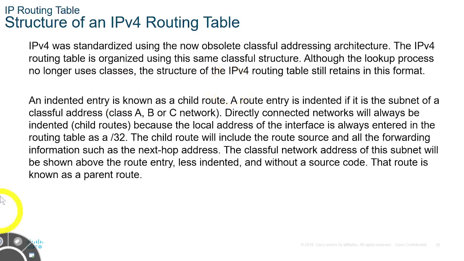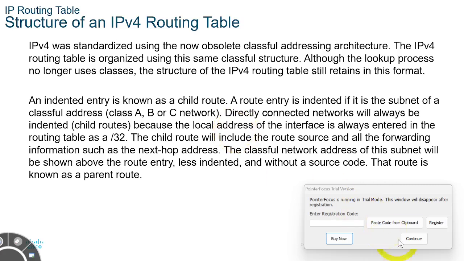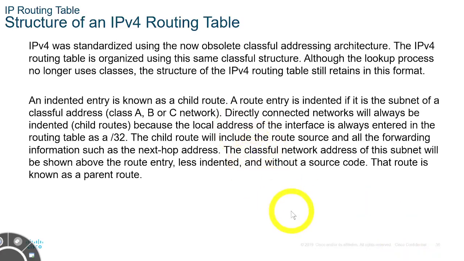So this is the old version. Then we started to add /10. It means that we borrow 2 bits from the host and use them for the network, or /18 or /20. It means that we take 4 bits from the host part and assign them to the network address in order to efficiently distribute the IP addresses.